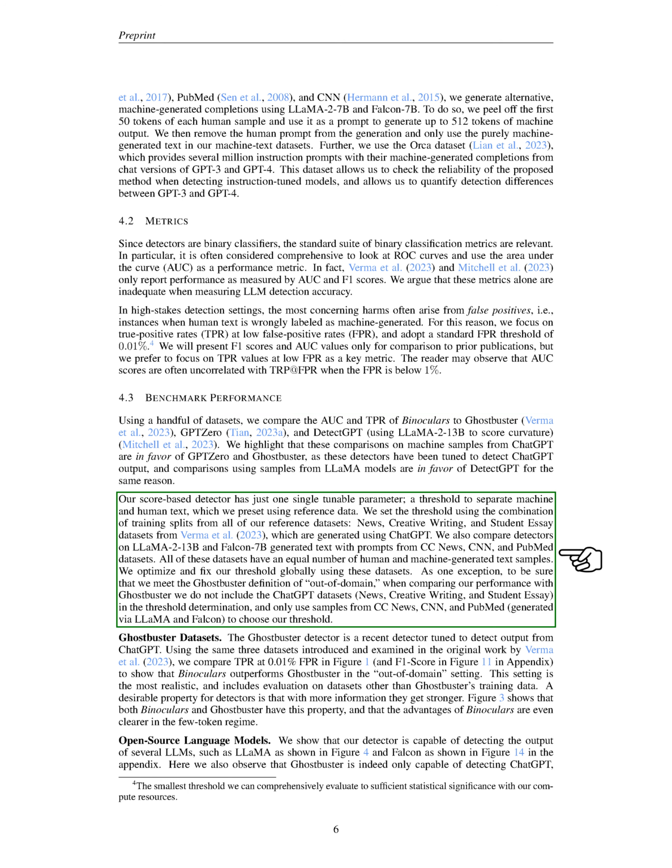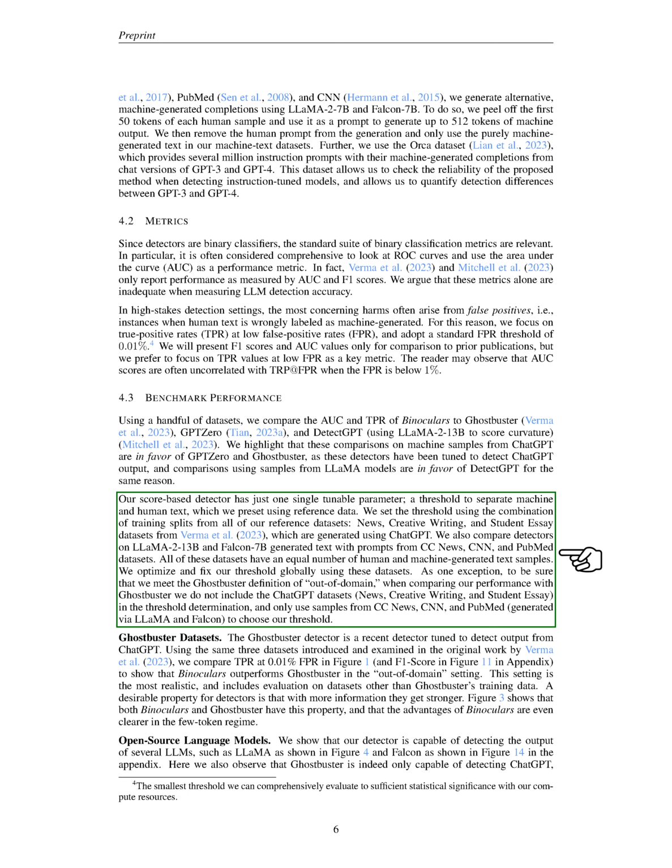Our score-based detector has just one tunable parameter, a threshold to separate machine and human text, which we preset using reference data. We set this threshold using a combination of training splits from all of our reference datasets, which are generated using ChatGPT. We also compare detectors on Llama 2-13B and Falcon 7B generated text with prompts from CC News, CNN, and PubMed datasets.